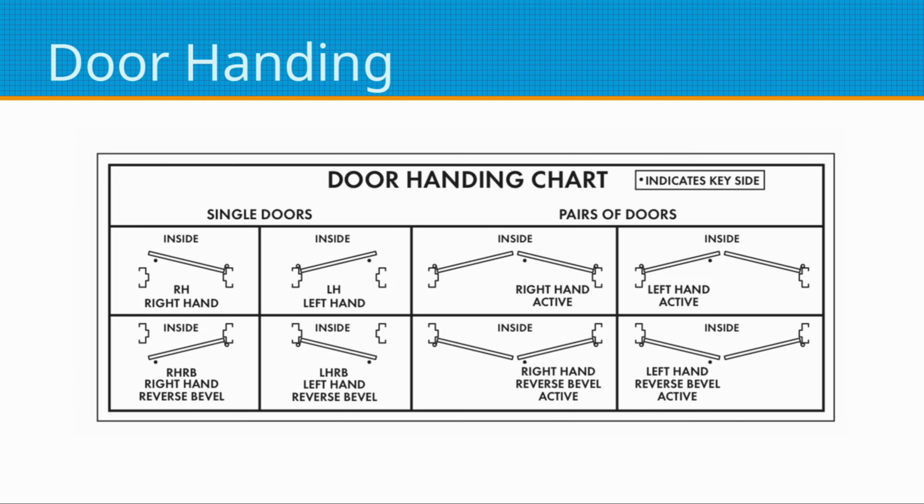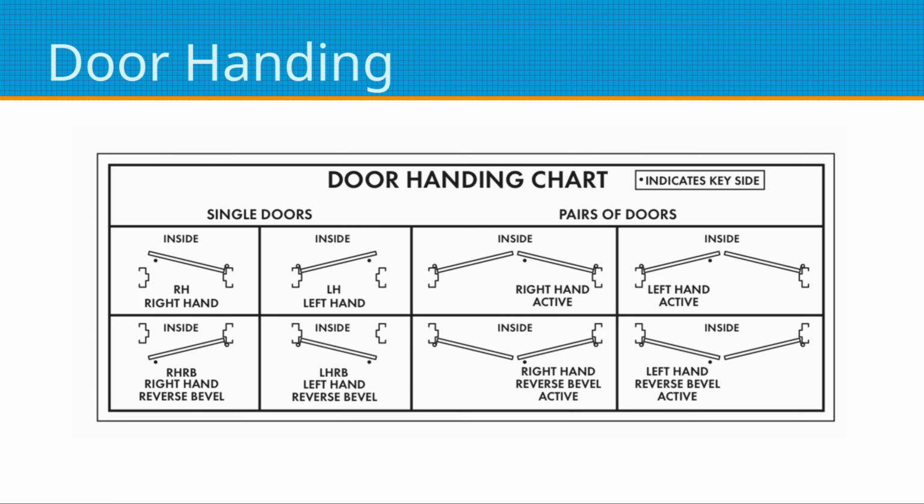So that's the unsecured side of the door. For example, a right-hand door, if you were to put your back up to the hinges, it would be the same side that your right arm would move if you swung your arm into the secure space. Conversely, the left-hand door, if you were facing the other way, would be where you swung your left arm.